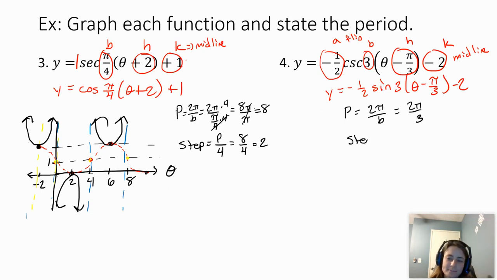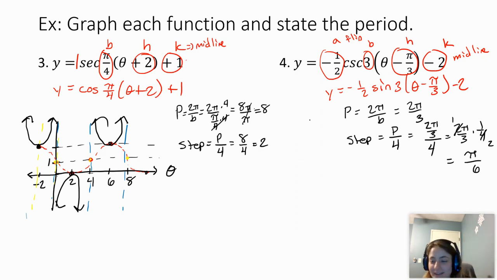So our step is the period divided into 4 parts, which is 2 pi over 3 over 4, which is the same as 2 pi over 3 times 1/4. We can simplify, divide by 2 is 1, divide by 2 is 2. So it's pi over 3 times 2, 6. So our step is going to be pi over 6.